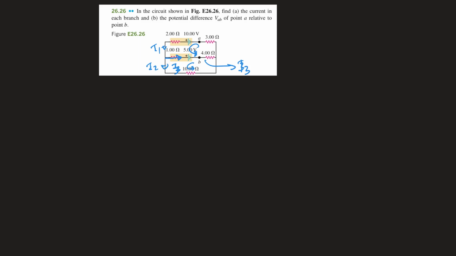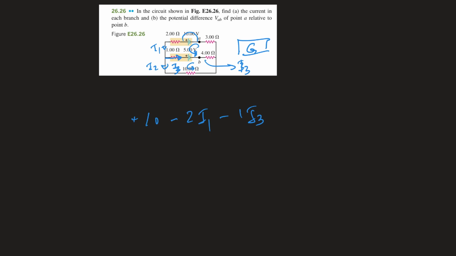If I start at the point A, I will write 10, positive, increasing. I'm going to go around the first loop: 10 minus 2I1, minus 1I3.